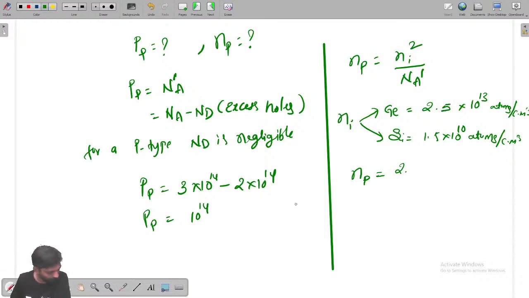Okay, p type, no problem. 10 to the power of 12. So this is going to be 2.5 into 10 to the power of 13, whole square, by NA dash, that is 10 to the power of 14.